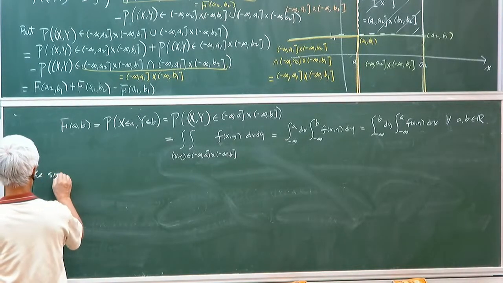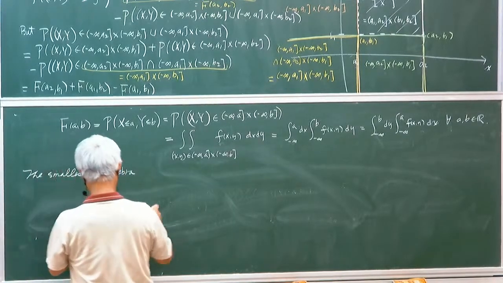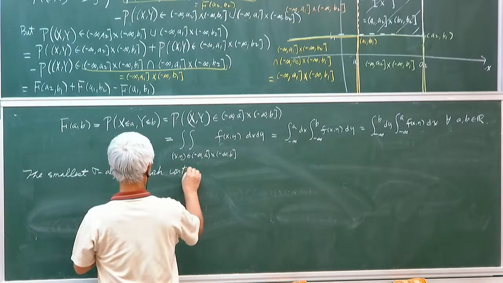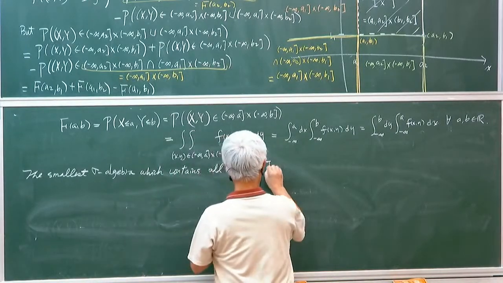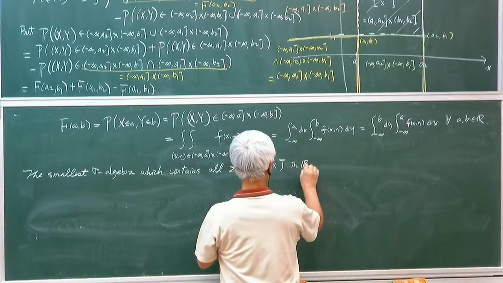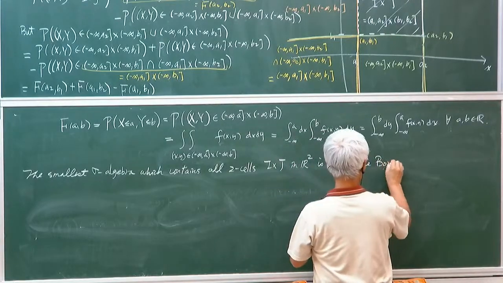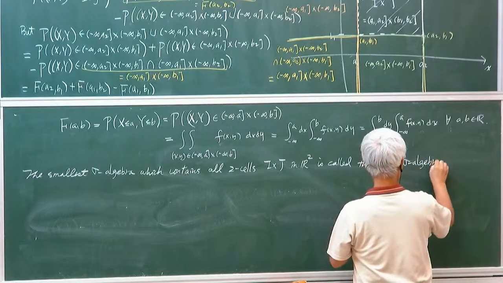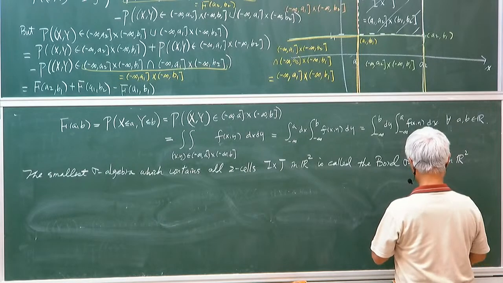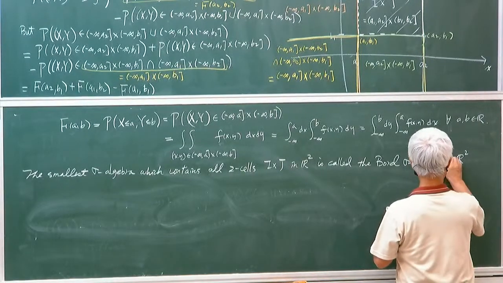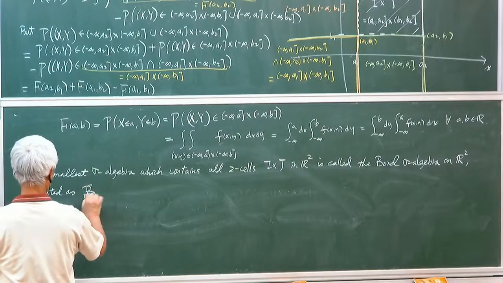The smallest sigma algebra which contains all two cells I Cartesian product with J in R square is called the Borel sigma algebra on R square, denoted as B of R square.